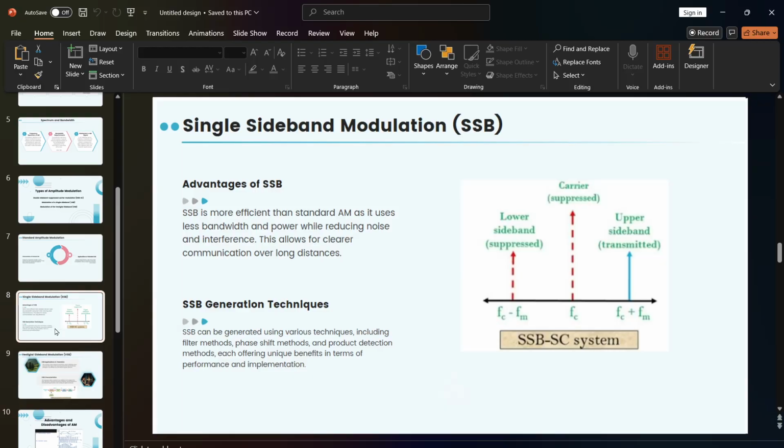The bandwidth required in DSB is lesser, and in SSB the bandwidth required is the least. In DSB, two sidebands with suppressed carrier are transmitted, and in SSB, only one sideband is transmitted. And these two types have two types of waveforms.